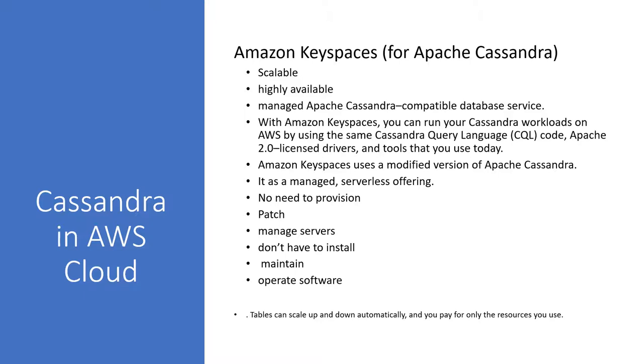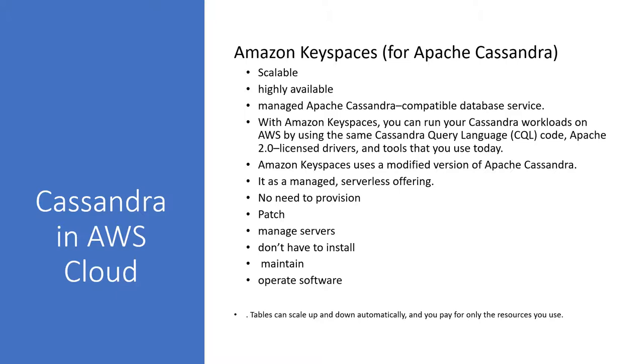When we say managed Apache Cassandra, it is a compatible database service. That means it is compatible with whatever Cassandra you are using on-premises. It supports your CQL as such.